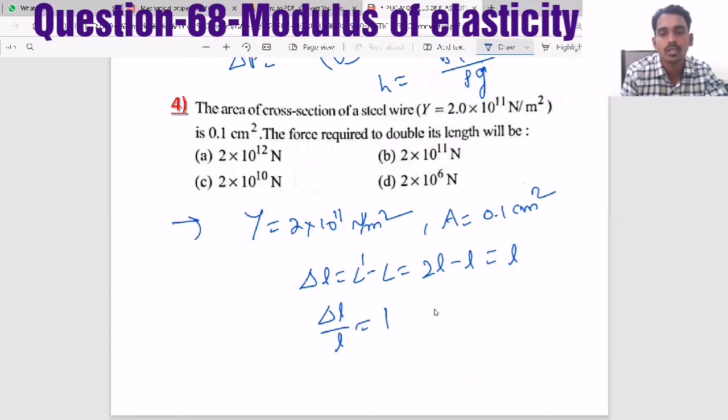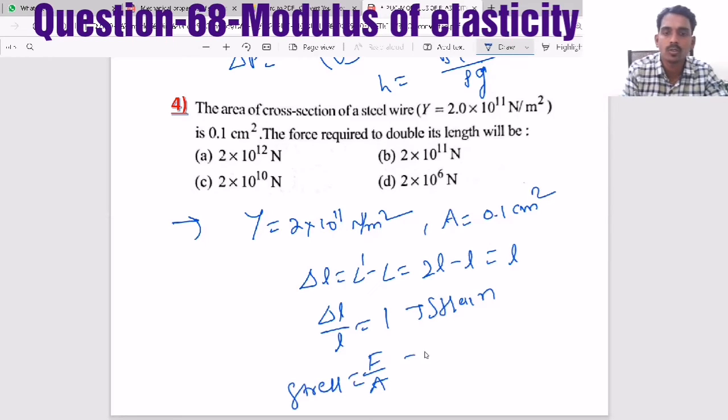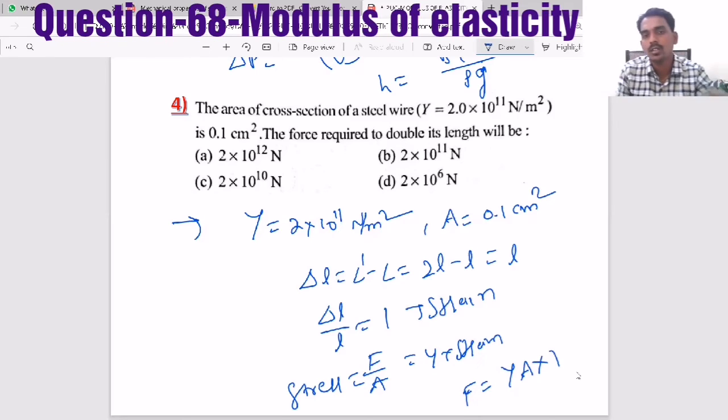So delta L by L is 1. That means strain is 1. Strain is unity. Then force by area, that is stress. So stress equals Y into strain. So force equals Y into A into strain, which is 1. Y value is given, area value is given. The only thing you have to take care of is the area unit conversion. Centimeter square they have given, so you have to take it in terms of meter square.